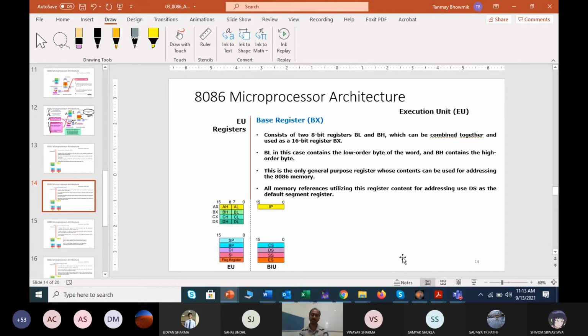Next, all memory references utilizing this register content for addressing use the data segment as the default segment register. So where did we get this term DS, the data segment register? We observed it in the bus interface unit. DS, data segment. So those using this base register are utilizing this register content for addressing, with the data segment as the default segment register.